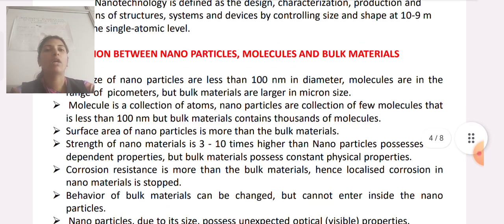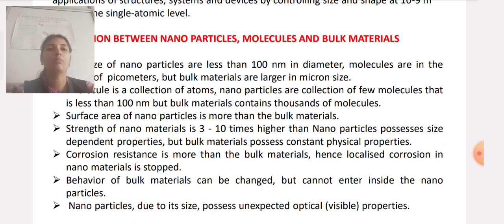Surface area of nanomaterials is more than bulk materials. Strength of nanomaterials is 3 to 10 times higher than bulk material, and they possess size dependent properties, but bulk material possesses constant physical properties. Corrosion resistance is more than bulk materials, hence localized corrosion in nanomaterials is stopped.